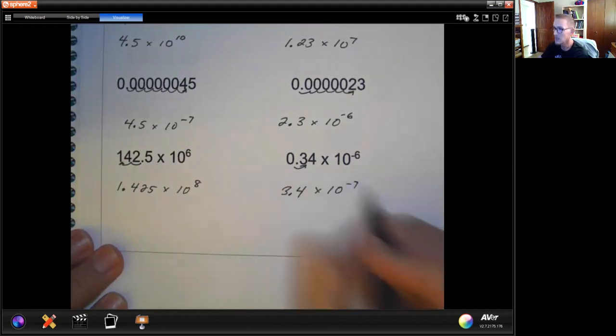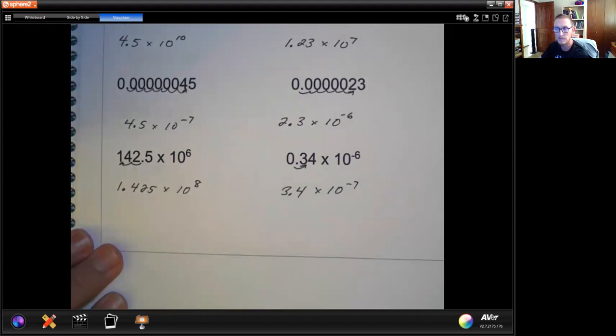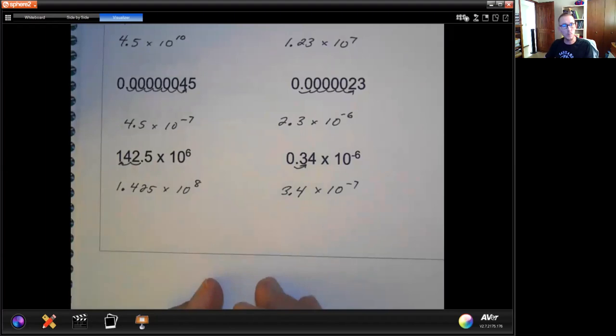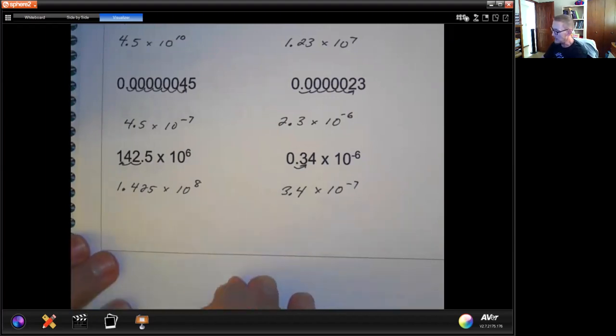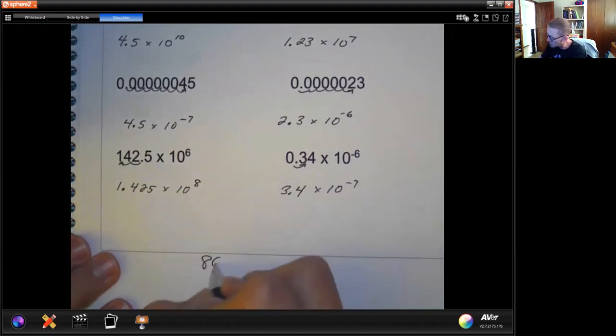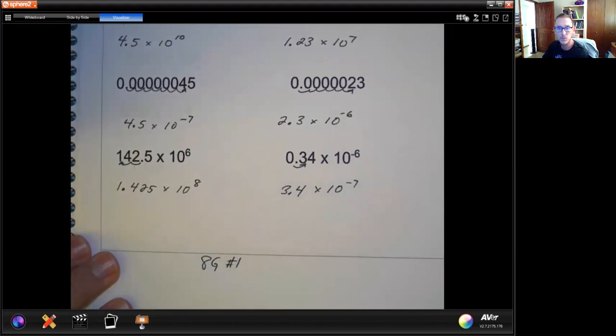It's going to be -7. Okay, so these are numbers that are almost in scientific notation, but I have to move them just a little bit. So for your IXL assignment, this section is based on 8G number 1.